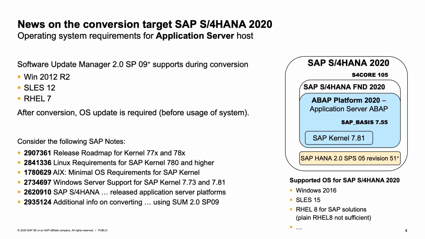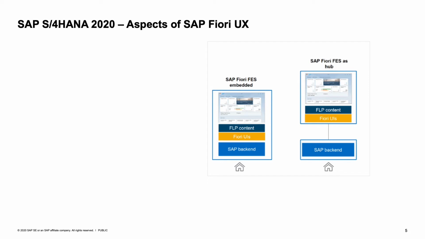And again, for 2020, let us have a short look at the aspect of the Fiori component especially. You know that you can have the front-end server either embedded or in a hub mode. That was the case before, although we already recommended that the Fiori front-end server shall be used embedded as a general recommendation.